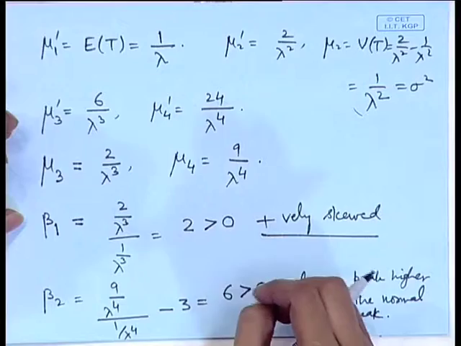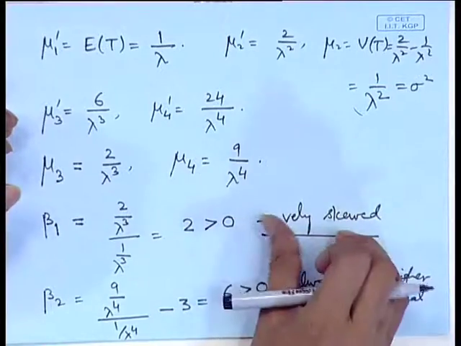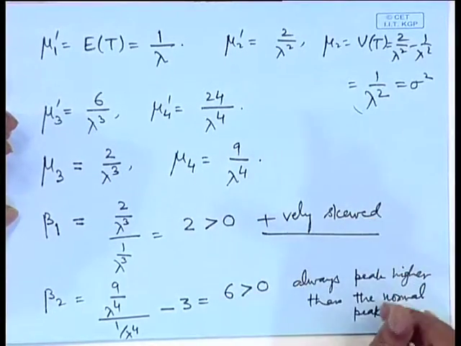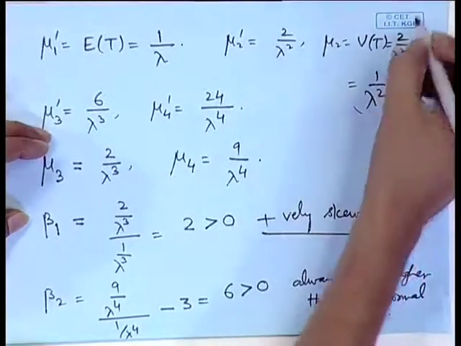If pq was greater than 1 by 6, it was platykurtic, etc. Same thing we observed in the Poisson also. In the Poisson distribution, the measure of skewness was 1 by root lambda. So, it was positively skewed, but as lambda becomes large, it approaches symmetry. Similarly, the measure of kurtosis also had lambda in the denominator. But here these measures beta 1 and beta 2 are constant, and they will always have the same behavior, that is positively skewed and the peak higher than the normal peak.